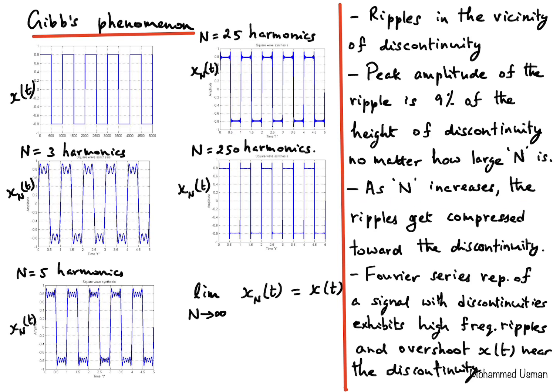So as n increases, the ripples get compressed toward the discontinuity. And finally, the overshoot occurs near the discontinuity of the signal.